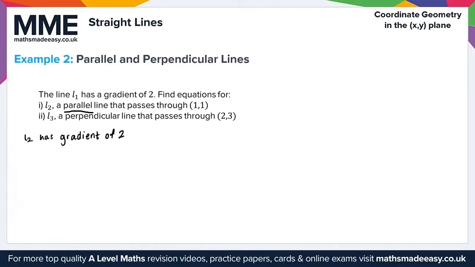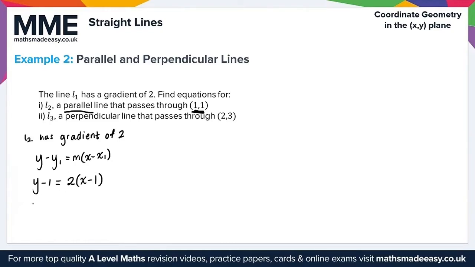And in that case we can simply use, again, y minus y1 is equal to m times x minus x1. All we need to use is this coordinate, (1, 1), and our gradient of 2. So we obtain y minus 1 is equal to 2 lots of x minus 1.